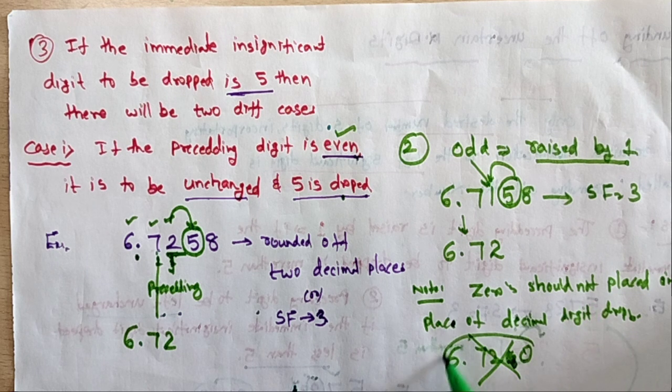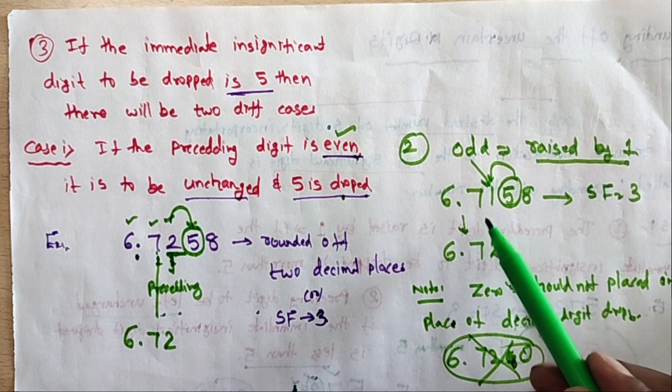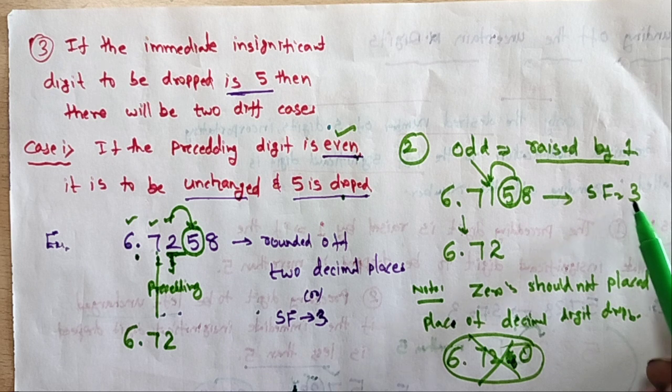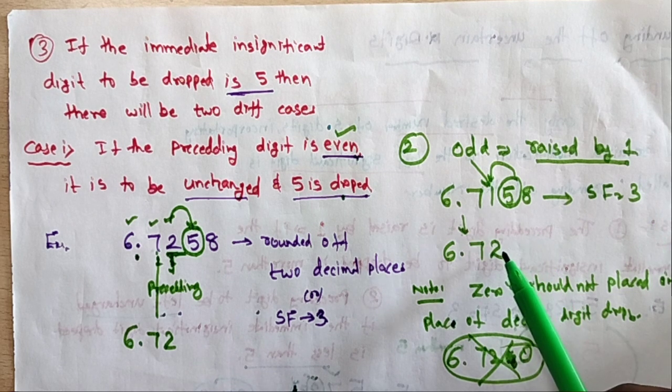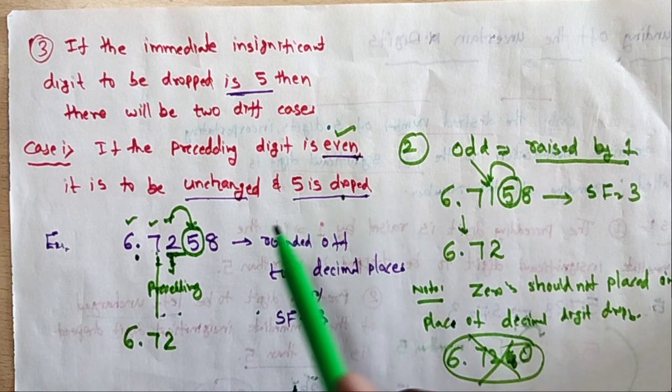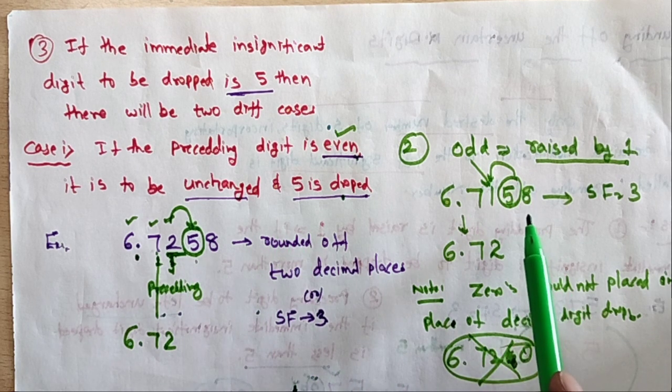If you do, the significant figures will change. So just drop it. If you want 3 significant figures, just 6.71. Here the 5 is there, so you check whether the preceding digit is even or odd.